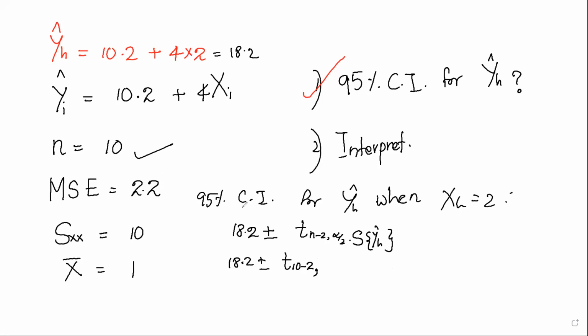That is 5%. 5% when you write it in decimal is 0.05. And you have to take alpha over 2. So that means 0.05 divided by 2 times this one. So I'll write it there.